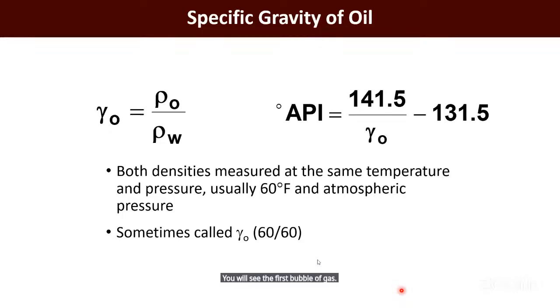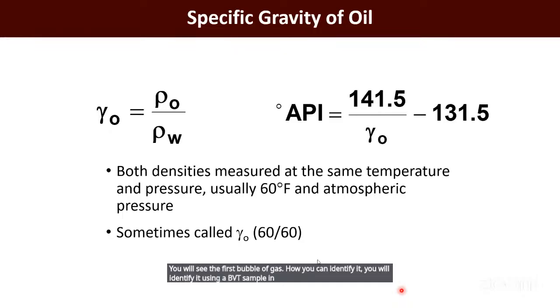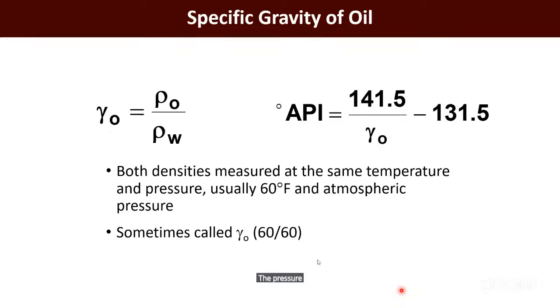How can you identify it? You will identify it using a PVT sample in the lab, and we are going to discuss this. So through the PVT report, you know exactly the pressure at which the gas will be separated from the oil at the reservoir temperature.